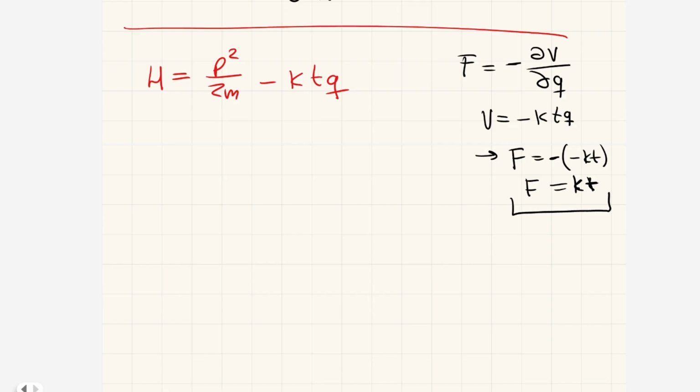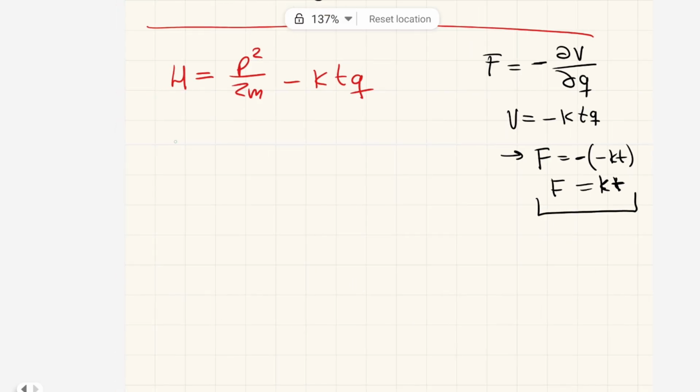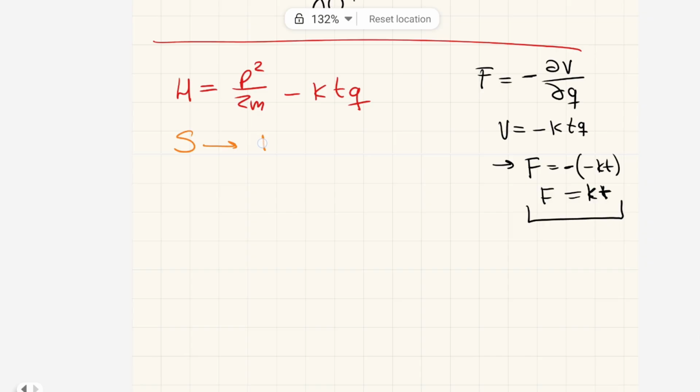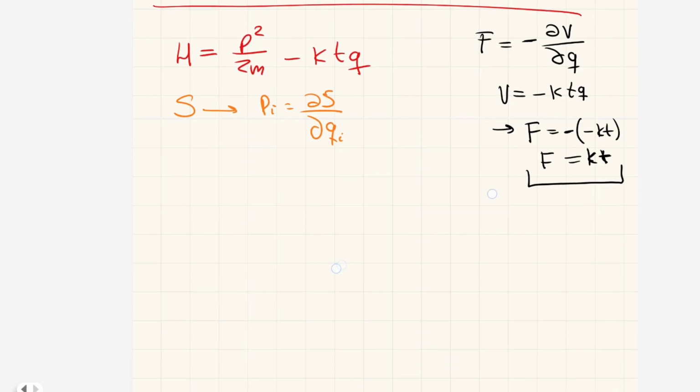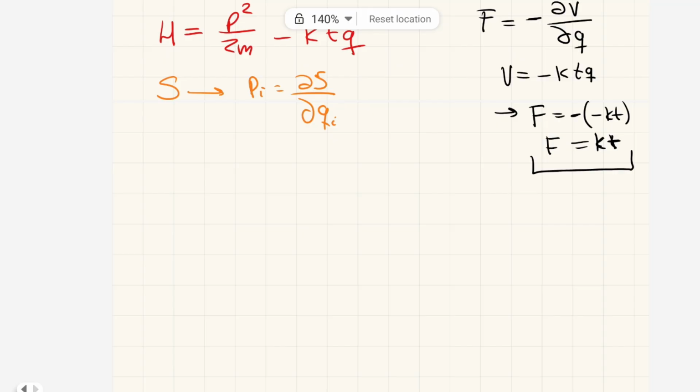Okay, perfect. So with this, we are going to use again the generating function S, that corresponds to the equations Pi equals the partial of S with respect to Qi, which is the equation that we have been using in most examples in the channel, and Qi equals the partial of S with respect to upper Pi.